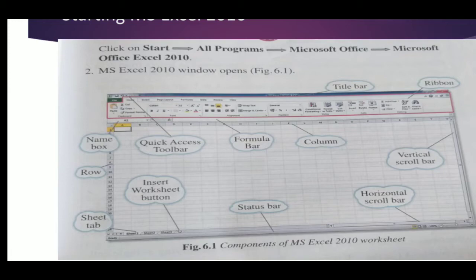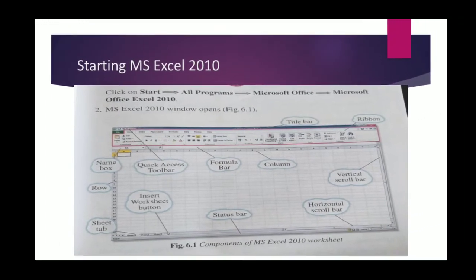Cell. A cell is the intersection of a row and a column. Each cell can store a single piece of data. This data can be text, a number, or a date value. Cell reference.